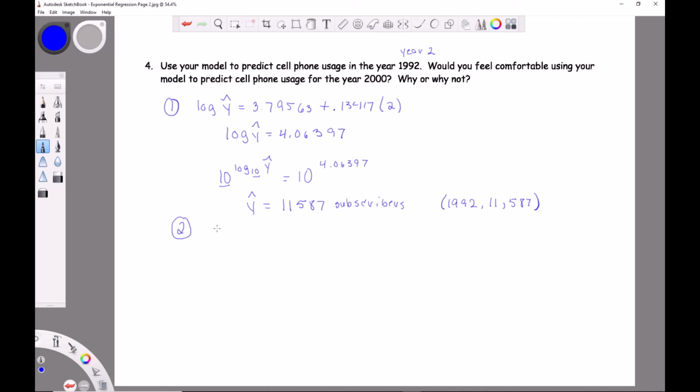So basically the answer to this is one shouldn't predict for the year 2000, as it is an extrapolation, and such predictions are unreliable.